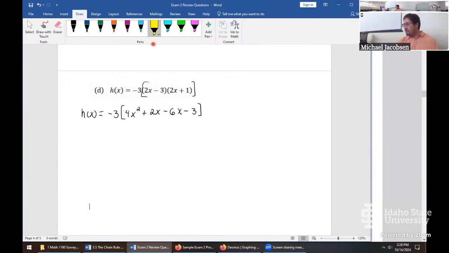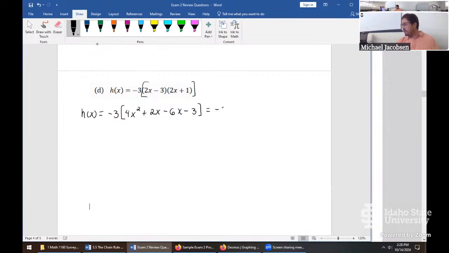People who are really good at mental arithmetic and FOILing things a lot often combine those middle two terms. I do sometimes, but if I'm being careful, I just take the additional step. There we go.